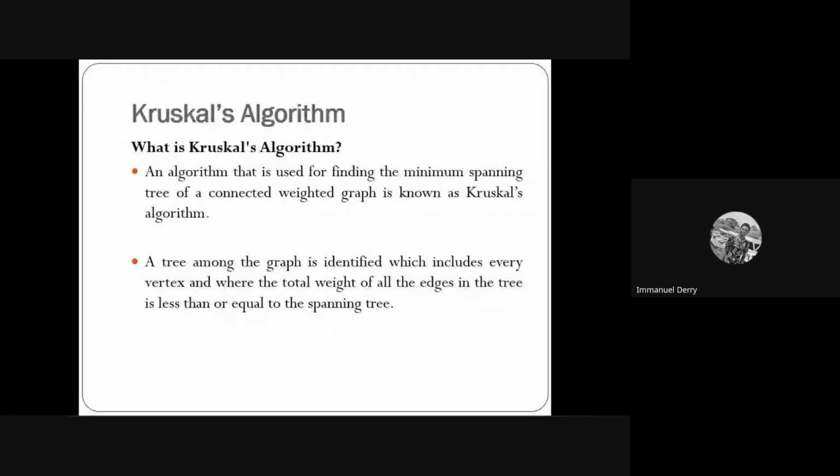And then the total weight of all the edges in the tree is less than or equal to that of any other spanning tree. Right? All the vertices must be present. However, the edges must be one less, depending on the structure of the graph. Since it's a connected graph, the edges of the minimum spanning tree should be one less than the number of vertices of the original graph that is given to you.